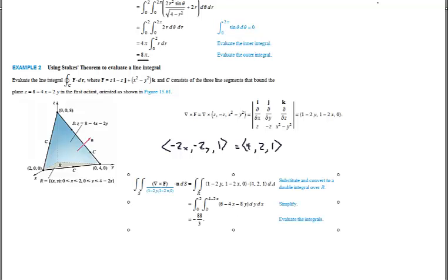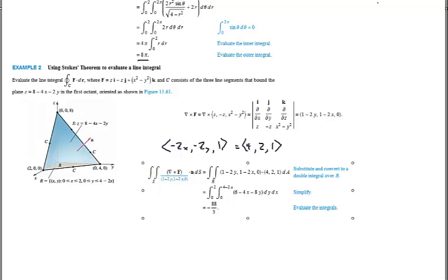Next, I'm going to need to compute the integral. So let's write down what our result is here. If you'll notice, we have our cross product, dot product with our normal there, and what we're going to end up with after doing this dot product and then integrating is negative 88/3.